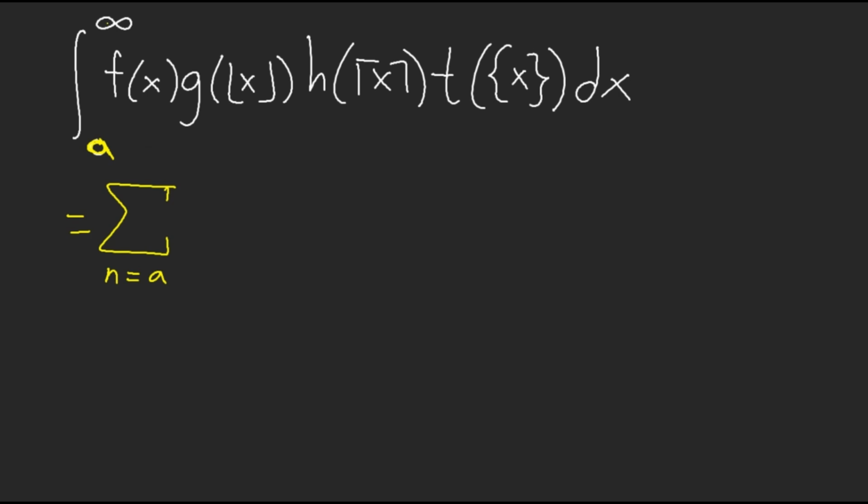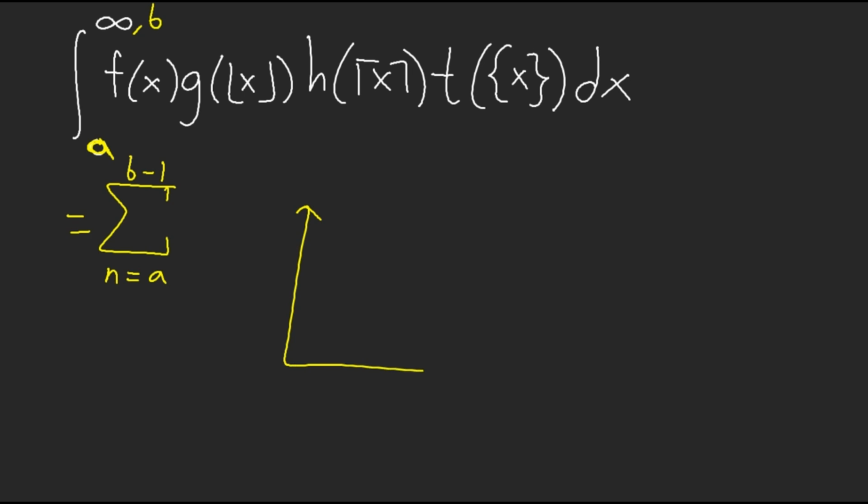And if it was infinity, then we say infinity. I will mention this: if this was b, then this would be b minus 1. So that's something you do have to be careful with. If it wasn't infinity, if it's an actual number, then on top you would put b minus 1.